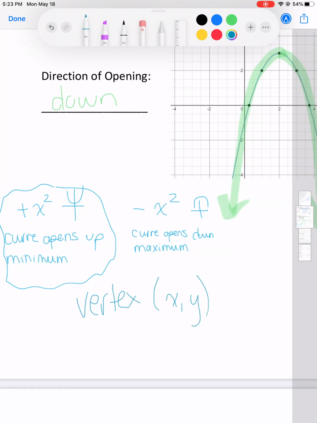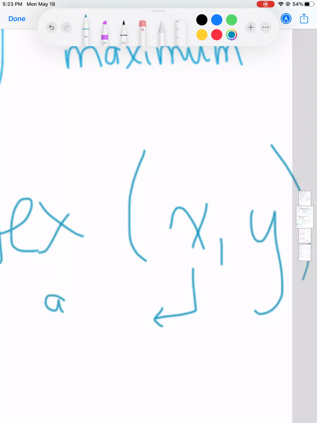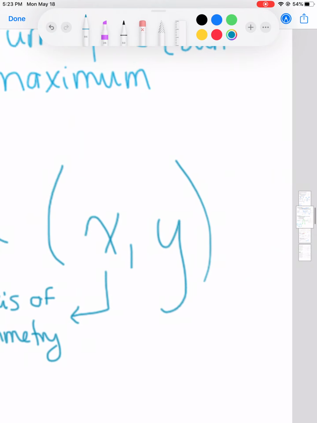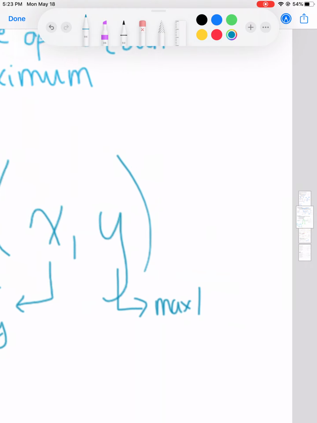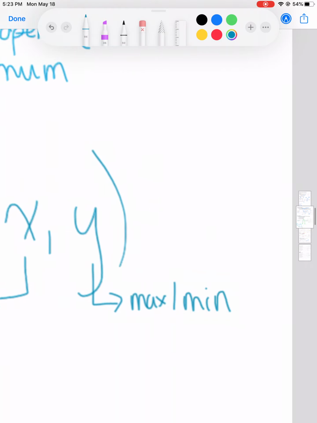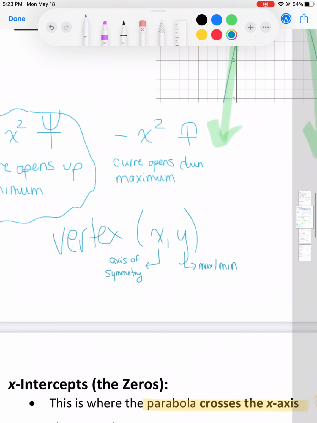That's always a coordinate for us. The x value is our axis of symmetry. So when I say what's the axis of symmetry, it's the x value of our vertex. Our y value is our max or min. So whatever our max or min is, you can look at the y value of our vertex.